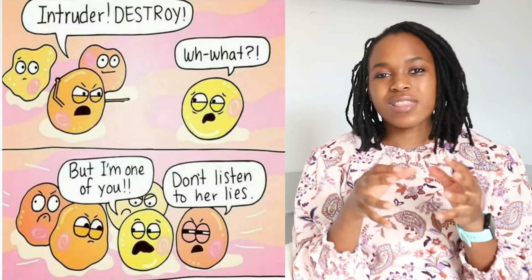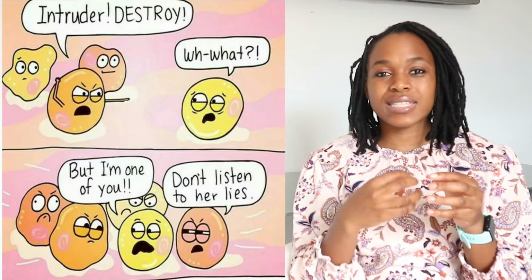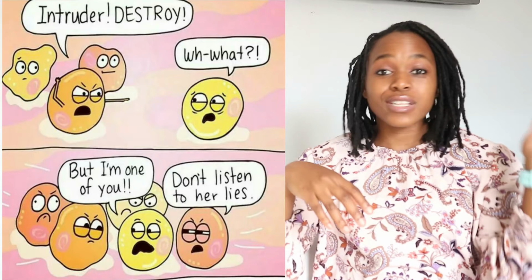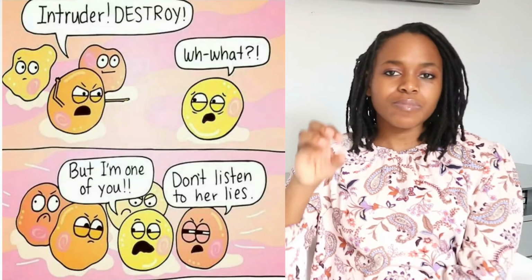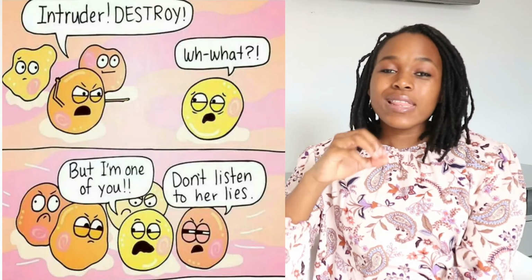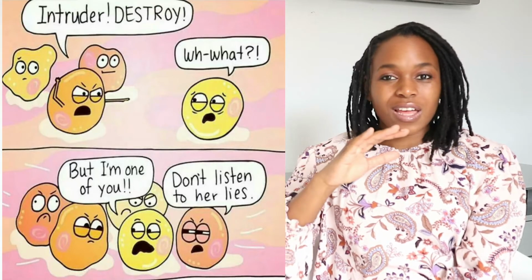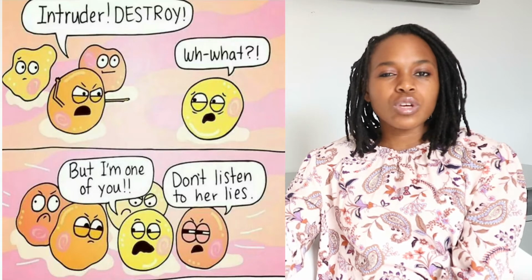And when that happens, your immune system doesn't distinguish between the toxin and your actual healthy lung tissue. And when this happens, you have that damage that can take place to both the toxin as well as your lungs. Now, when this happens, it's sort of like an autoimmune response.